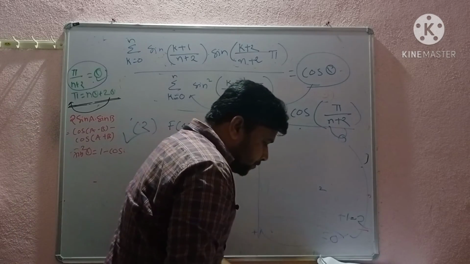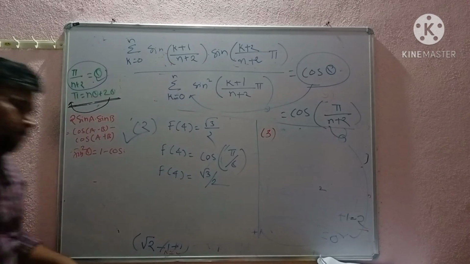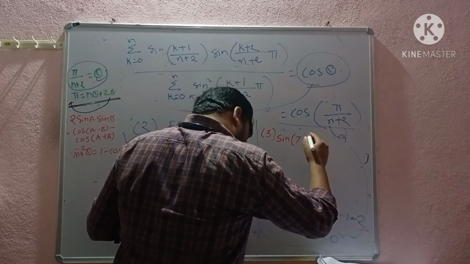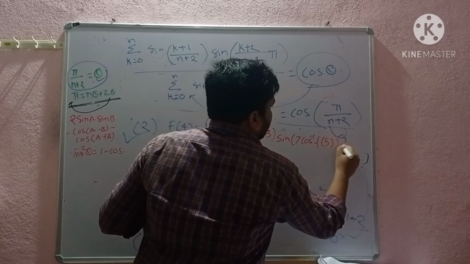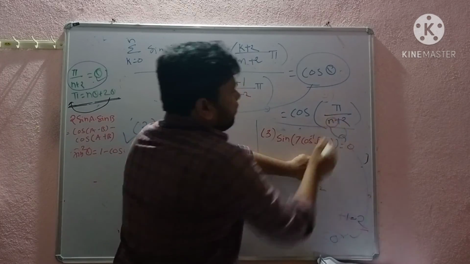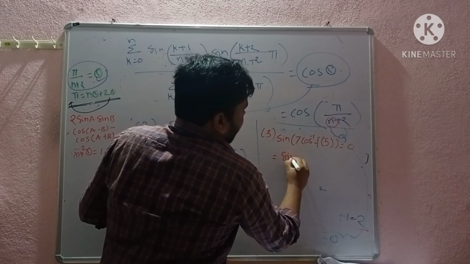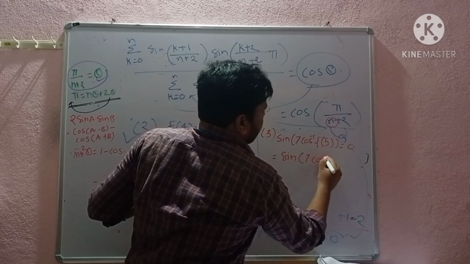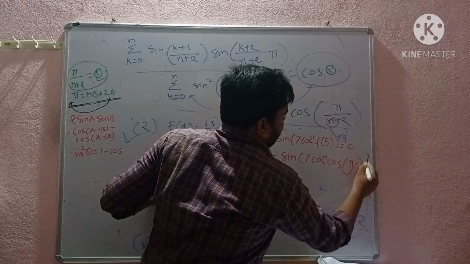Now see option number 3. What does it tell? Sine of (7 cos inverse of f of 5) is equal to 0. First of all, what is the value of f of 5? We have to put 5 here. You will get pi by 7. Now rewriting the equation, it is sine of (7 cos inverse of cos of pi by 7).